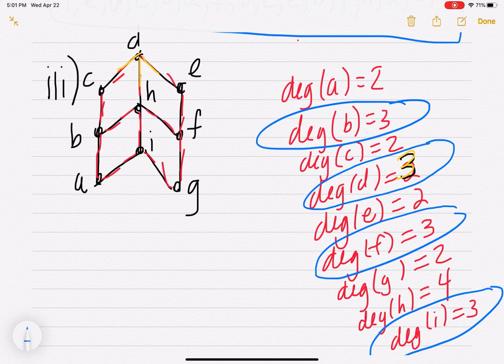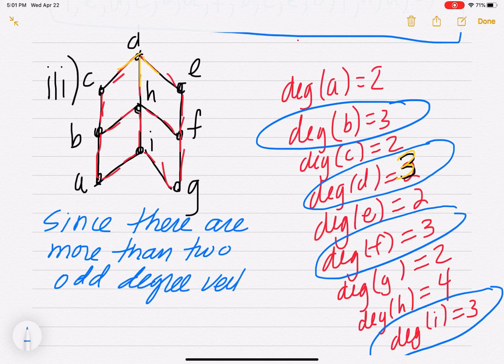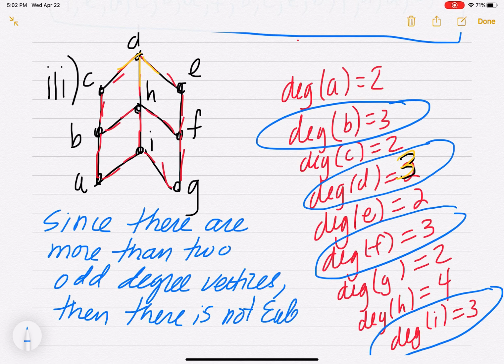So the question is, do I have an Euler path? Do I have an Euler circuit? No. We have more than two odd degree vertices, so there is no Euler path, or Euler circuit for that matter.